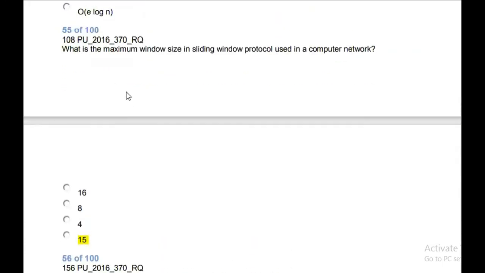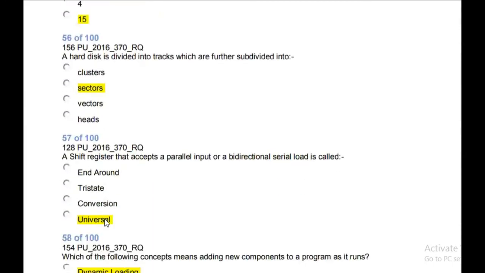Next question. What is the maximum window size in sliding window protocol used in computer network? Option D is correct, 15. Next question number 56. A hard disk is divided into tracks which are further subdivided into sectors. Option B is correct.